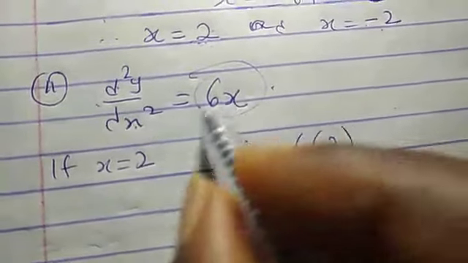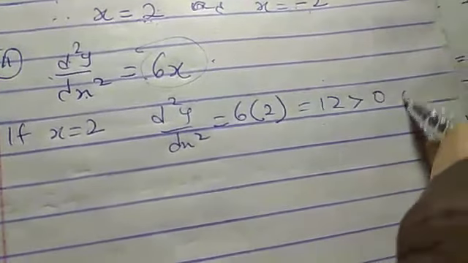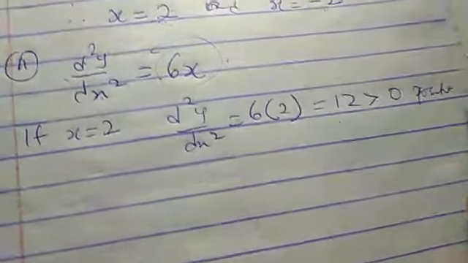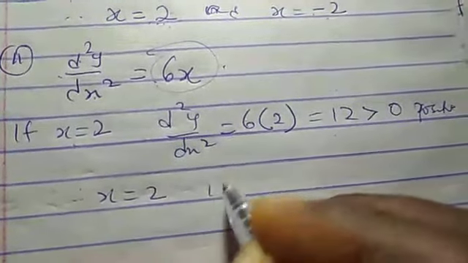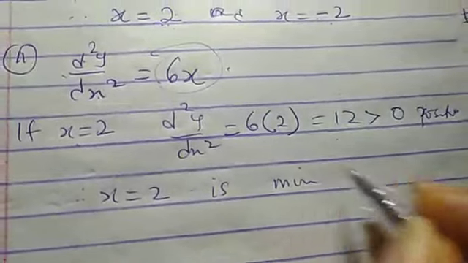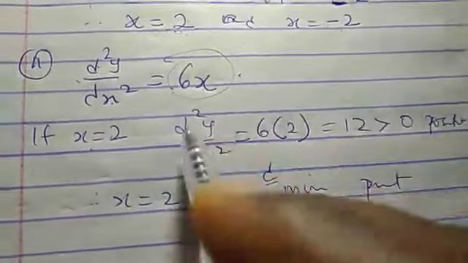We put s to be 2, and that is 12. You see that it is greater than 0, or we say that it's positive. And we say that if the value is positive, therefore that stationary point s equal to 2 is the minimum point, because the second derivative gives me positive.